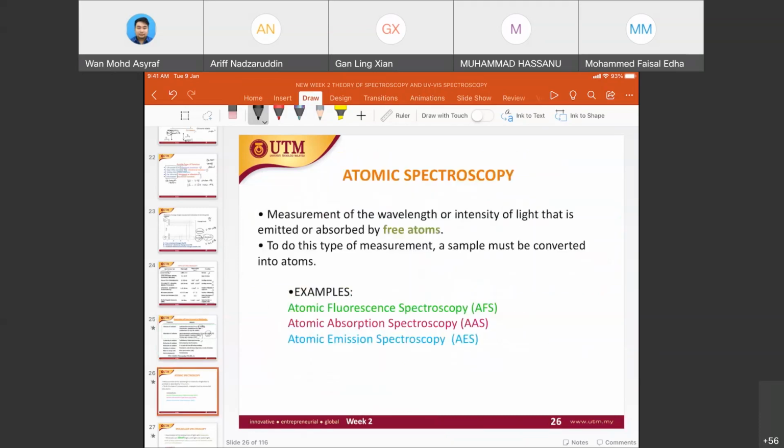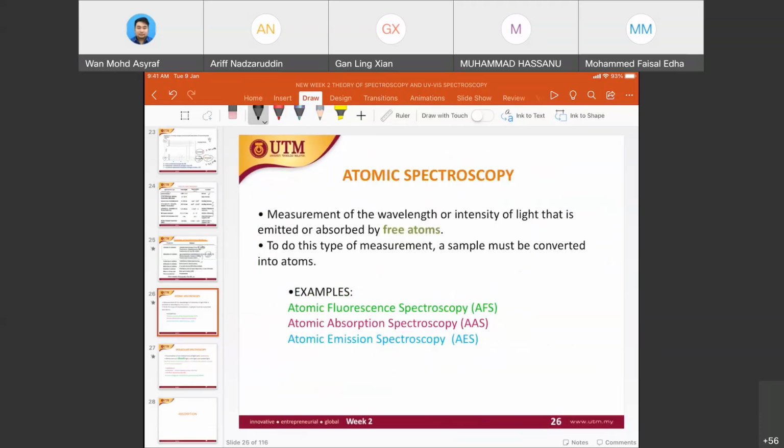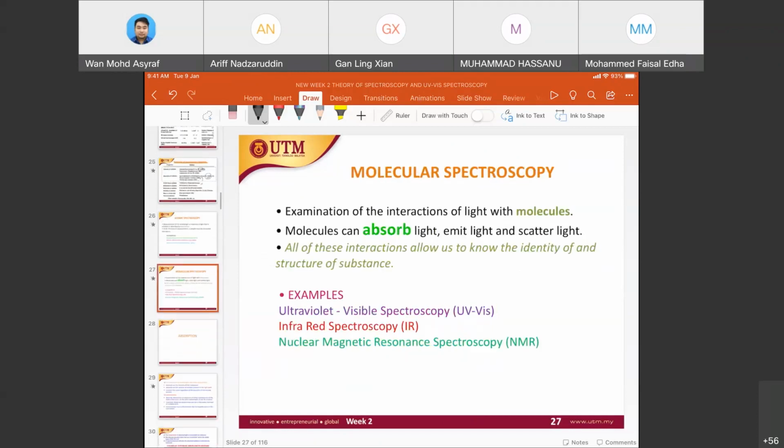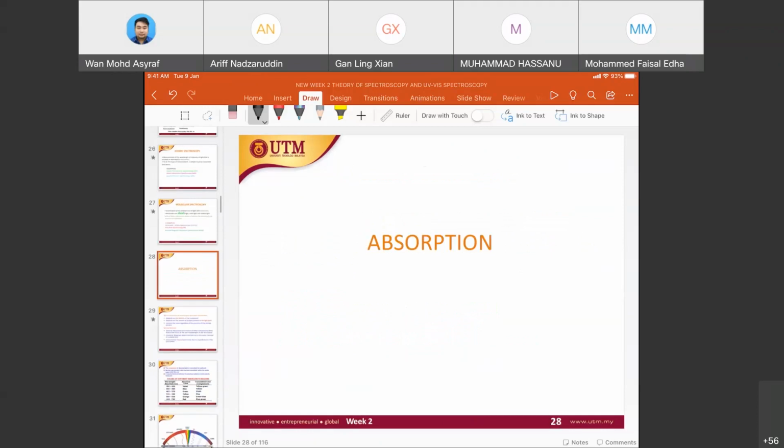So based on that, we are going to go in depth on what is atomic spectroscopy, what is molecular spectroscopy, and then we will be looking at absorption later on.